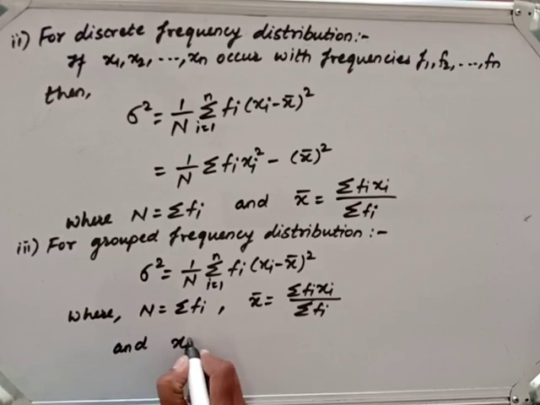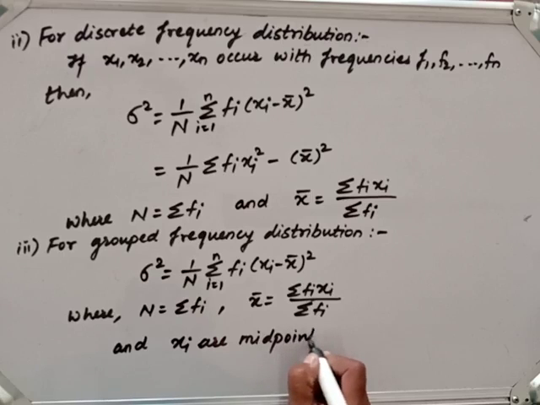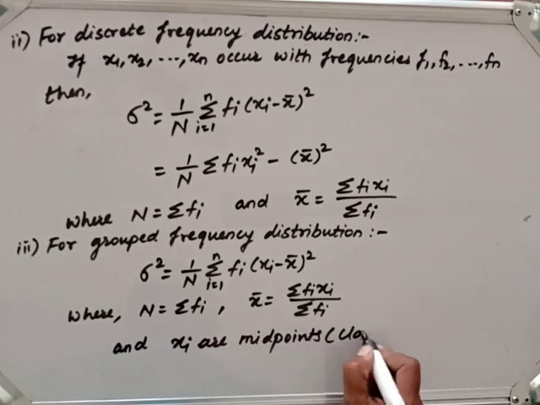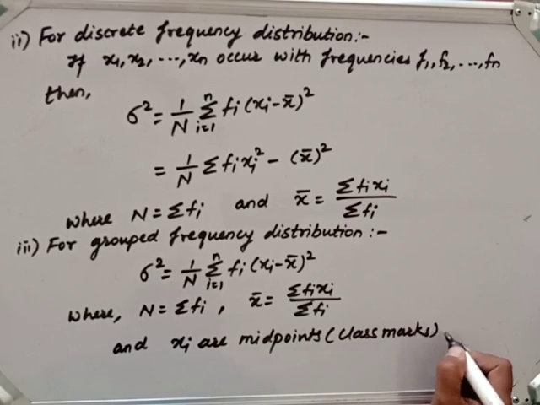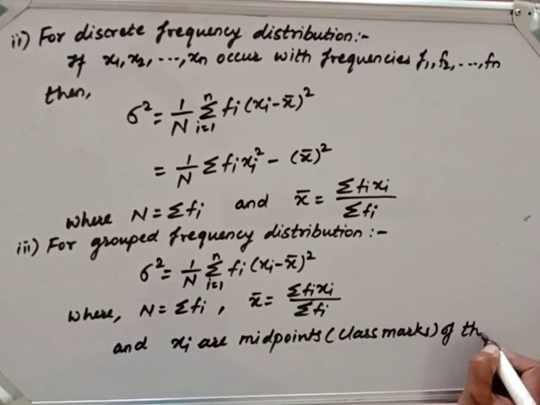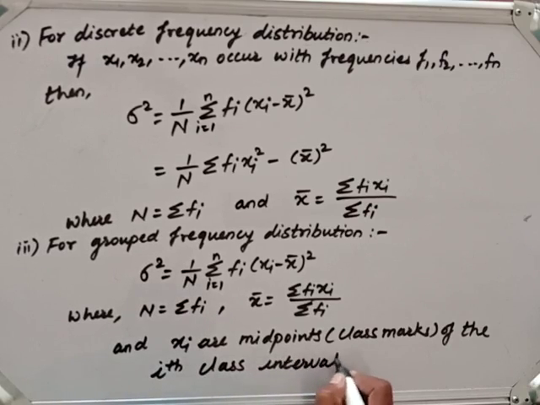These xi are the midpoints, also known as the class marks, of the ith class interval. These are the results for variance, with sigma square as the notation.